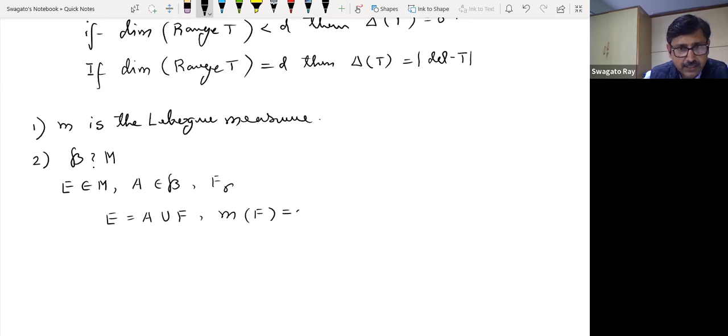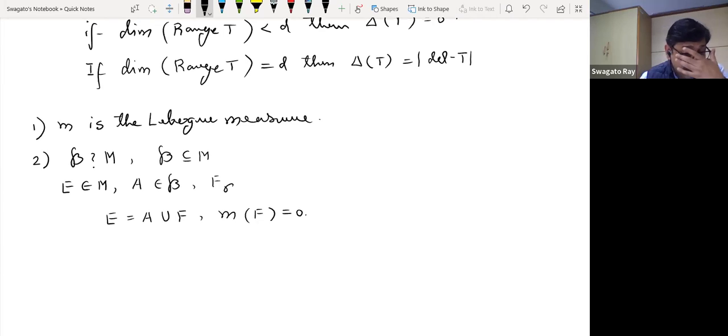So measure theoretically, the difference between a Lebesgue measurable set and a Borel set is always a set of measure 0. However, one thing we anyway know is that the Borel sigma algebra is sitting inside the Lebesgue sigma algebra.